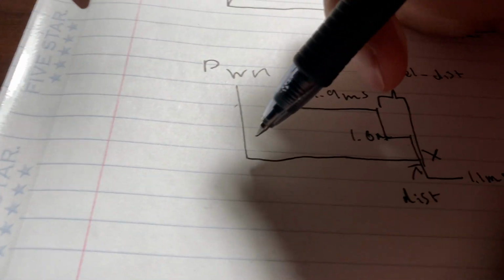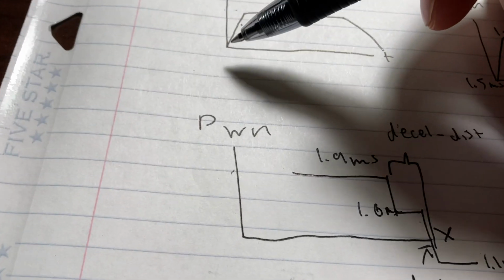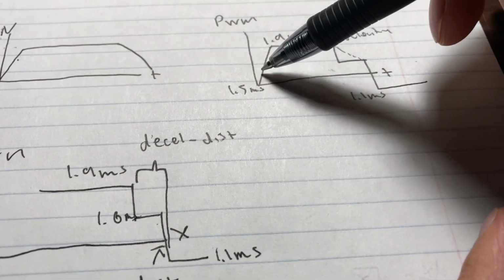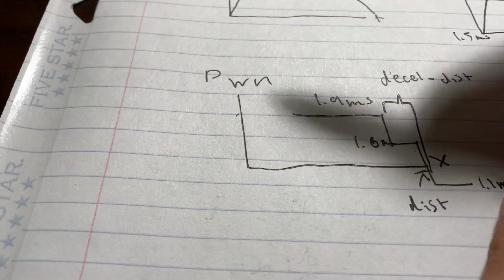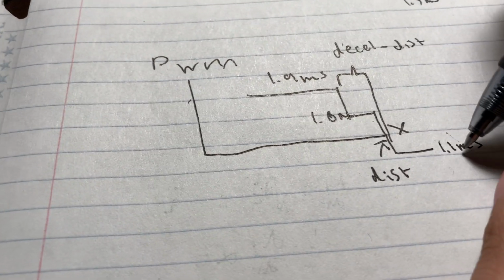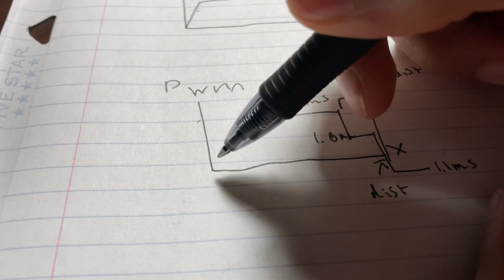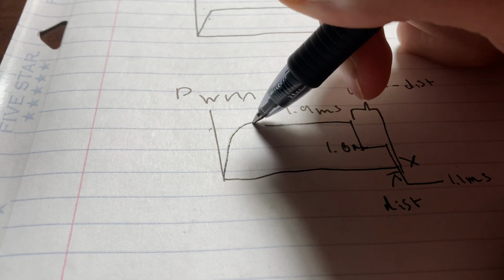Now let's talk about this acceleration phase. This part's interesting because we want it to be a straight line in the PWM versus time graph. However, this is a PWM versus distance graph. So interestingly, this should actually be a square root.